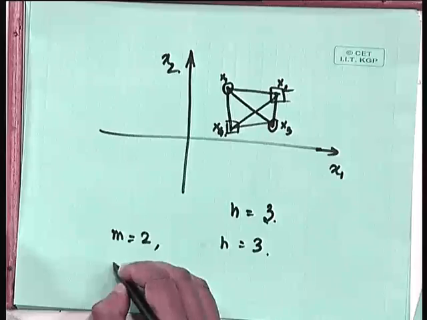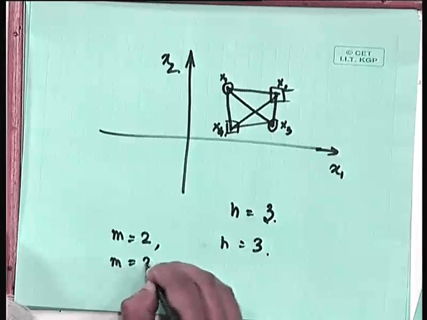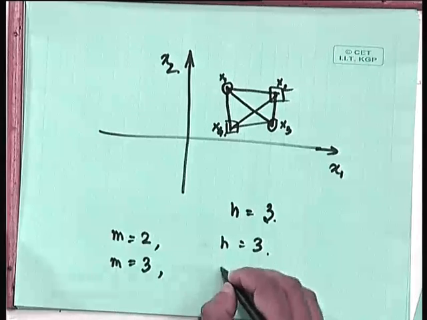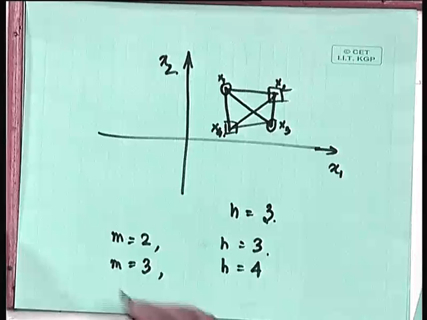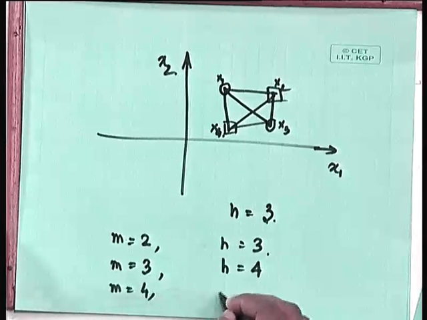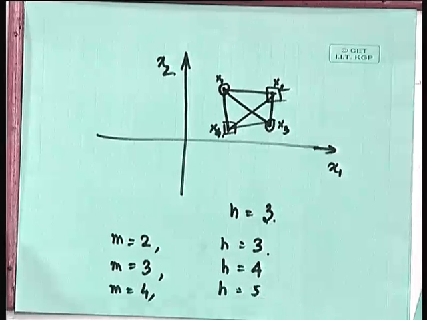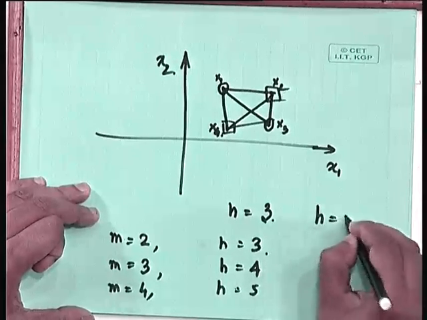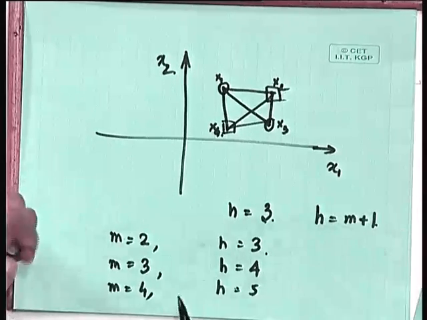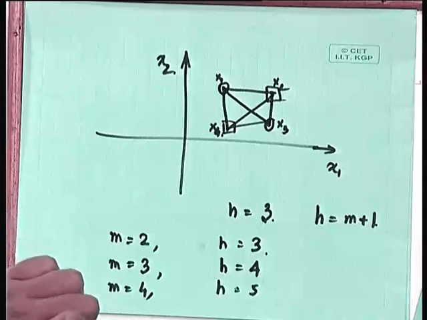Now, it is possible to extend this analysis to higher dimensions. When m is equal to 3, we can show that h is equal to 4, and when m is equal to 4, h is equal to 5. So the law that emerges is that h is equal to m plus 1, one more than the dimension of the system.